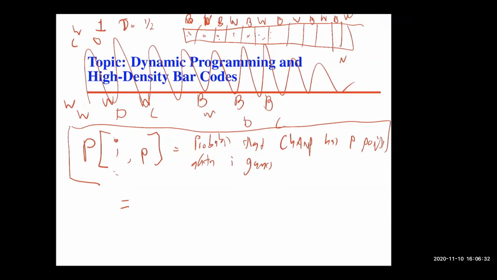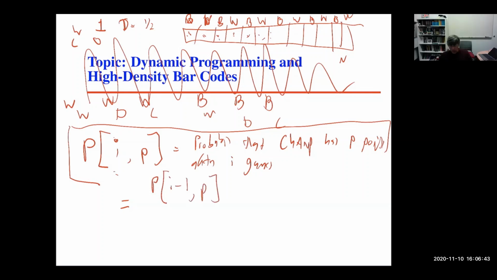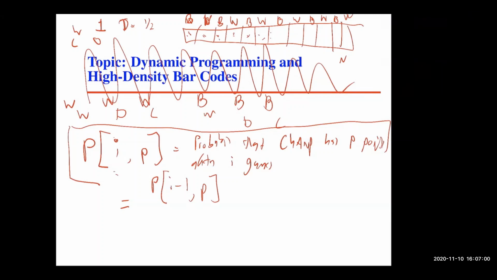Probability of winning i-1 games with P-1 points. Okay, it should be a function of what my chances are that after i-1 games, I had P points. Is it anything else that it's a function of? We can get half points. Maybe you can include that.